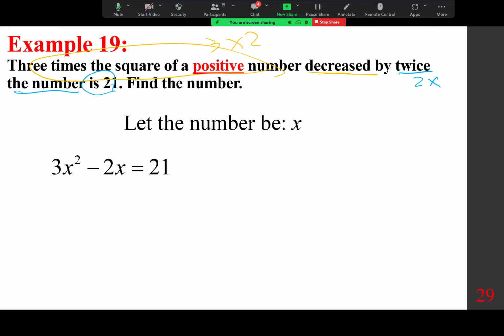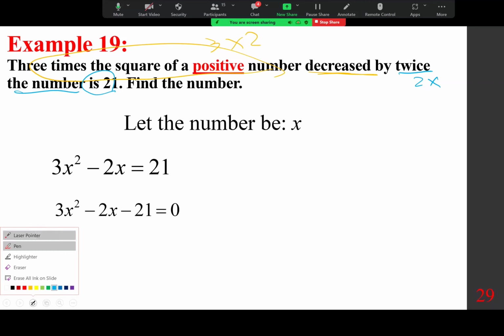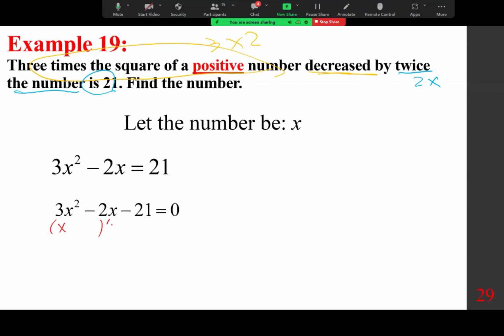We move the 21 to the left, becomes minus. And again, you can factor it by any method if it's factorable. This is 3, it's a prime number. So I hope you recognize, for example, if you want to do that, this is x, 3x. You have no choice with 1 and 3 because 3 is a prime number.